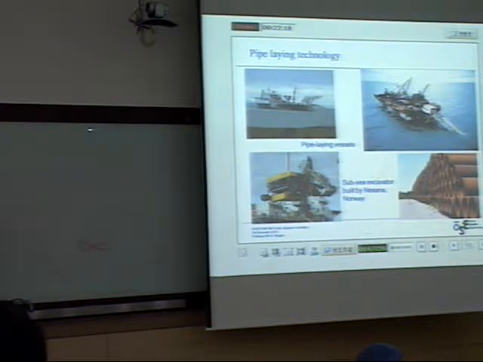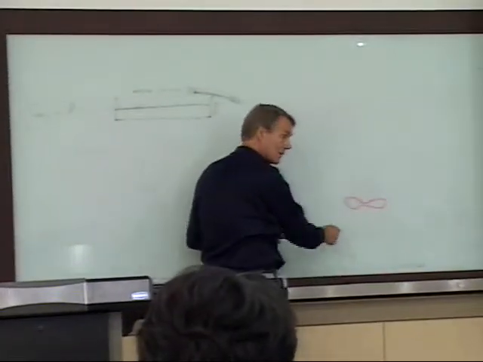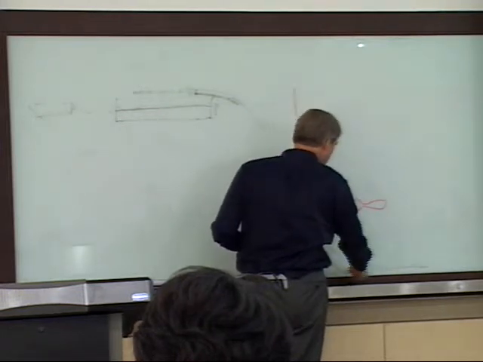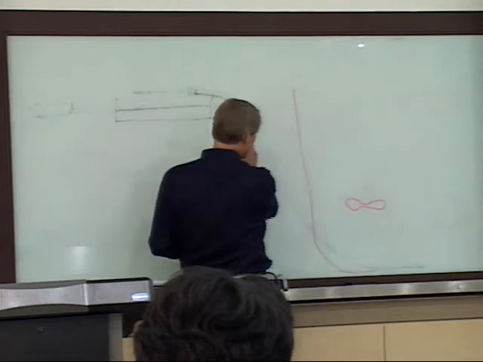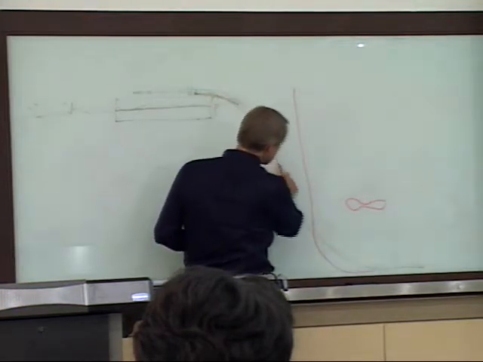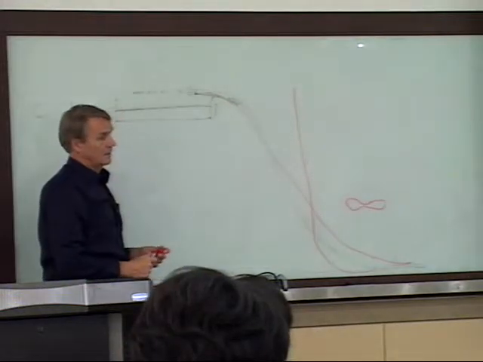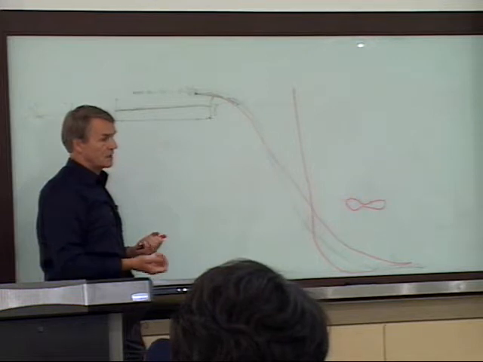So what they do, you have to bend it regardless when it comes down. In one way, it's not better to come down to the sea floor like this, is it? So this is a better profile than that profile when it comes to the amount of bending that you subject the pipeline to.